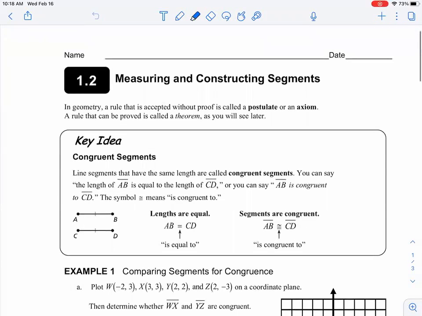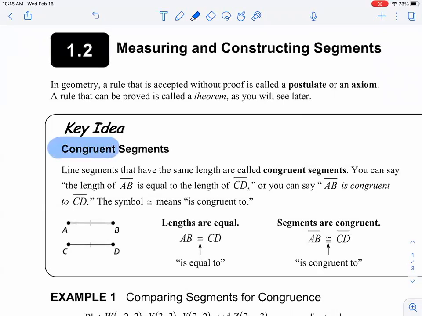But this word, you do absolutely need to know what it means: congruent. Congruent means they're the same size. In students' language, it typically means they're equal, but equal really means numbers, in math language. Equal means numbers, congruent means they're the same size.